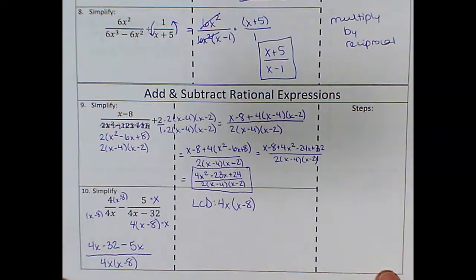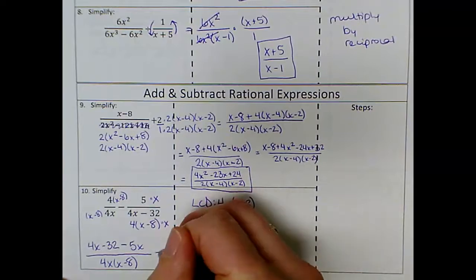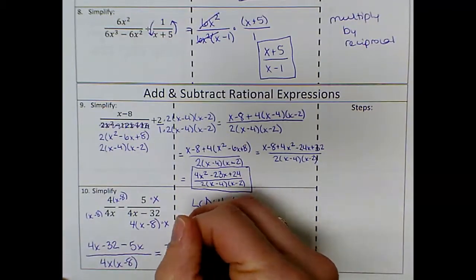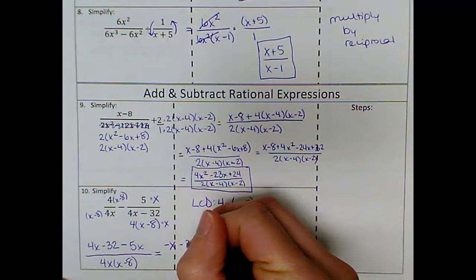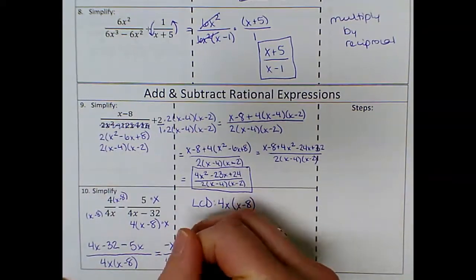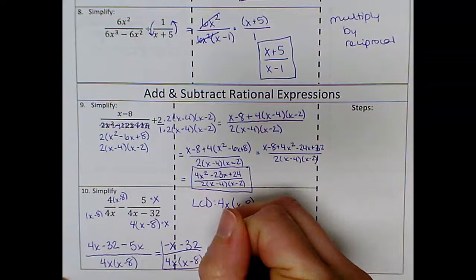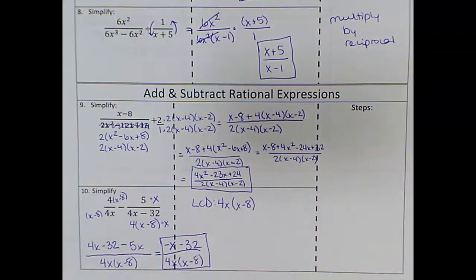Now the only thing that I can do here is combine my x terms, and 4x's minus 5x's leaves me with negative 1x's. But nothing else has changed. So that is my final answer.